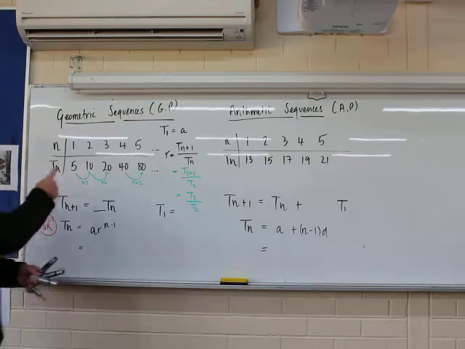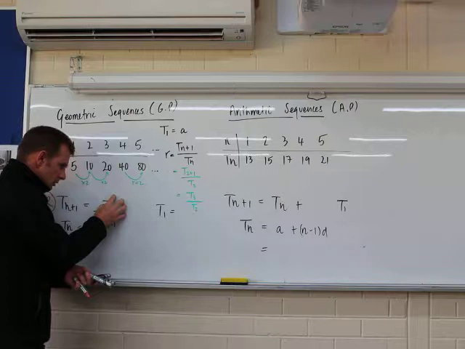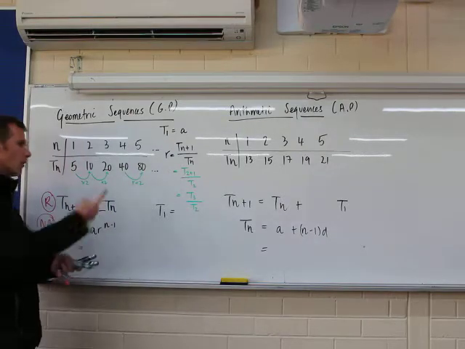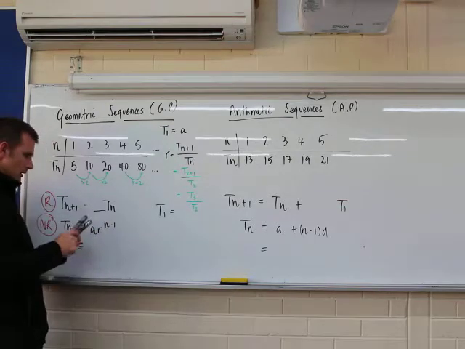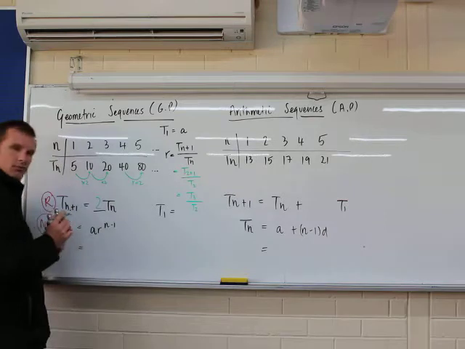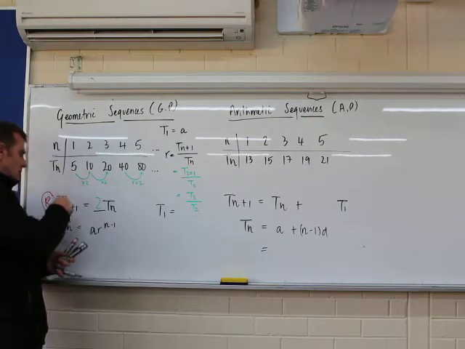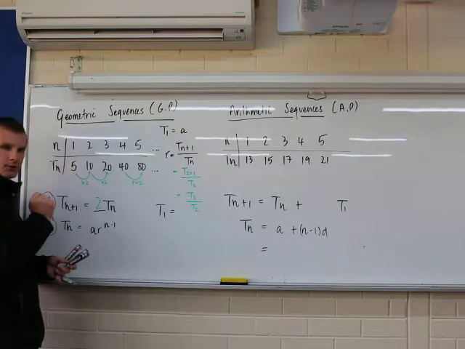So to get the next term, I'm going to take the current term, and I'm going to do something with it. Well, I'm multiplying by 2 each time. So the thing that would go in here is going to be the 2. Because to get to the next term, I take the current term and multiply by 2.